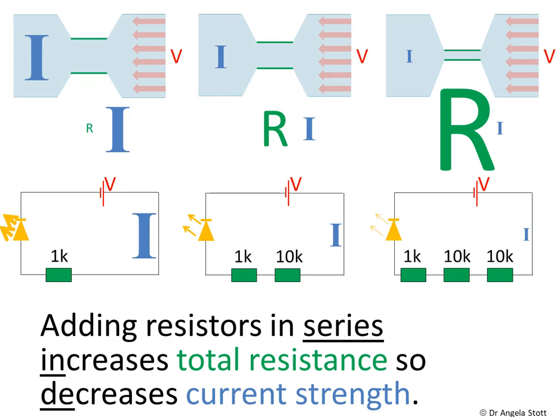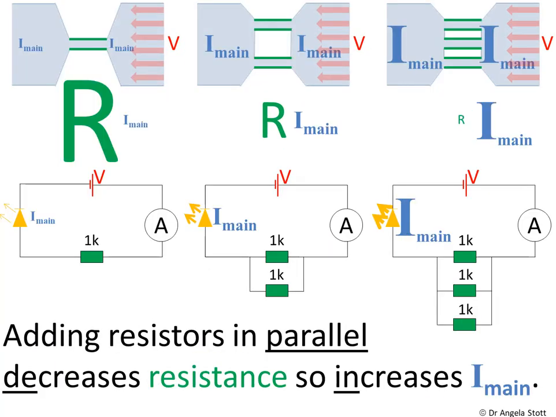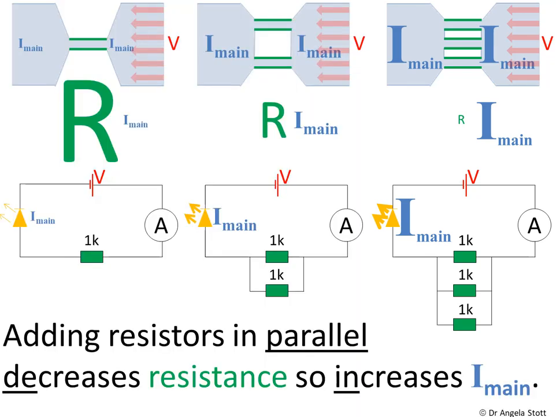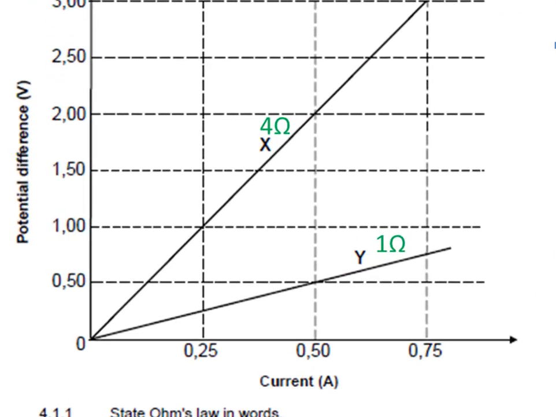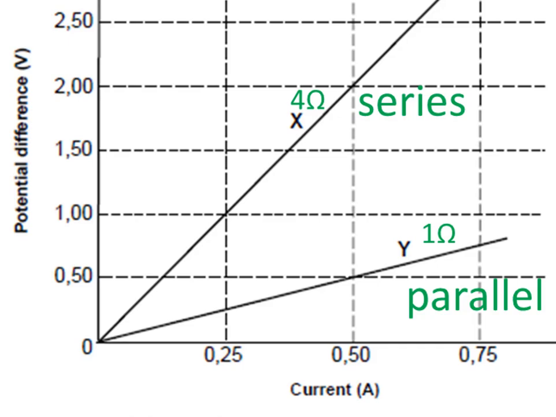Adding resistors in series increases total resistance. We can think of resistors in parallel like a thicker pipe, which makes flow easier, lowering effective or total resistance. Adding resistors in parallel decreases total resistance. So the lower value total resistance, Y, must correspond to the parallel arrangement.